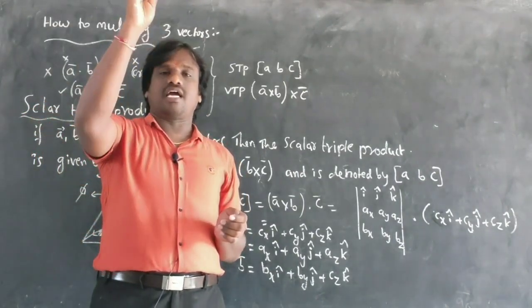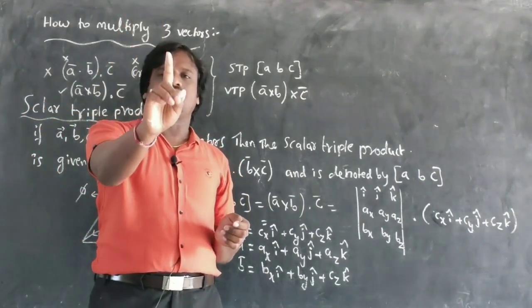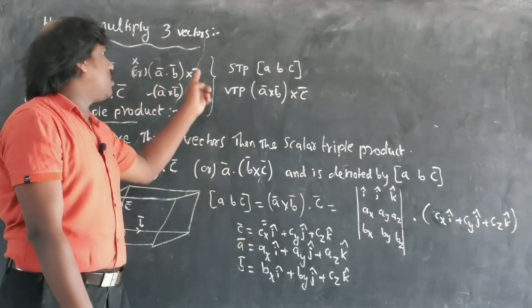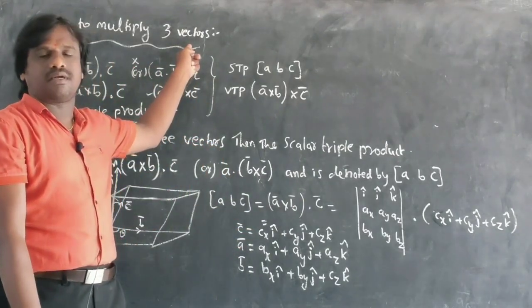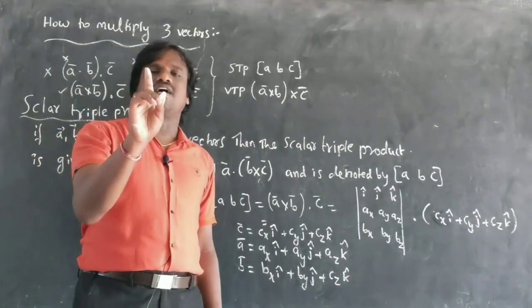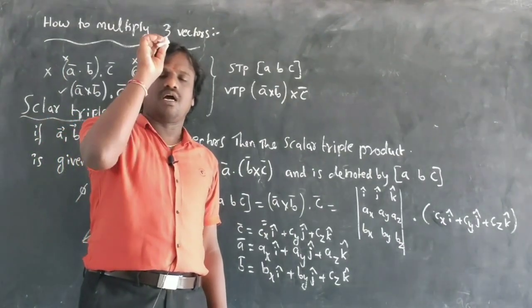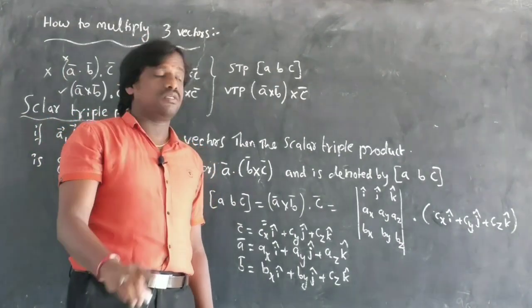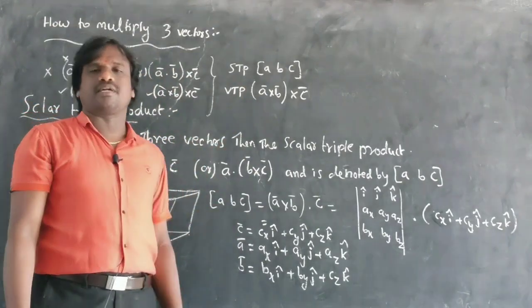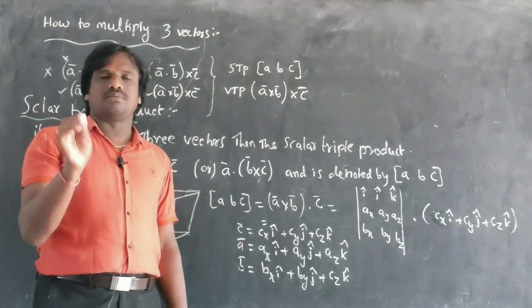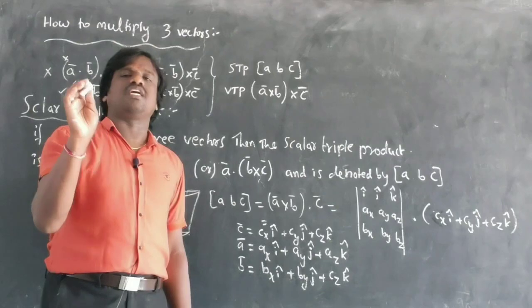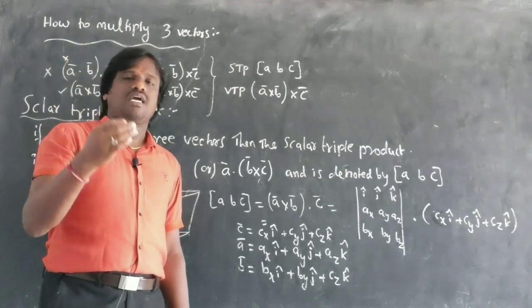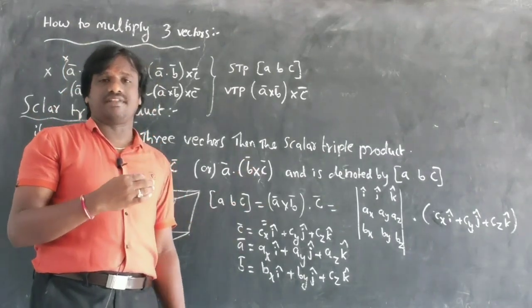In JEE Mains and Advanced, surely one question will be asked based on the vector triple product and scalar product. In 100% you will get a question. So this is a very important concept, and I will take 2-3 classes, 2-3 days, and explain everything in detail.